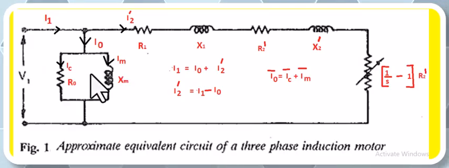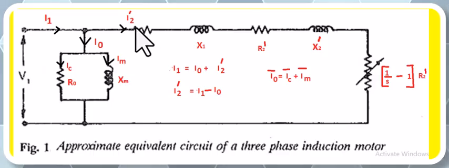The current flowing through RC is IC, and the current flowing through XM is IM. The vector sum of IC and IM is I0, and the current flowing in this branch is I2 dash, which we call the secondary current or the rotor current referred to the primary side.